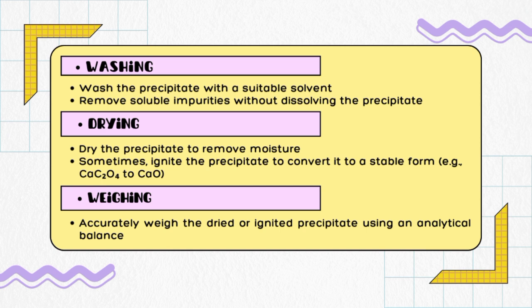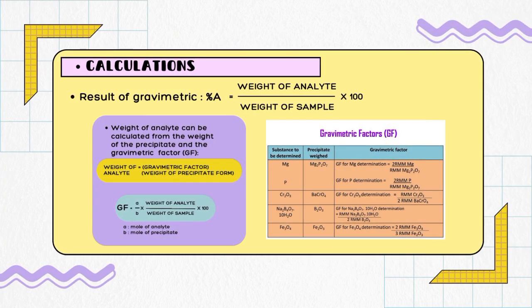Next, weighing. The dried or ignited precipitate is then accurately weighed using an analytical balance. The precision of this balance is crucial as it directly affects the accuracy of the analysis. The result of gravimetric determination is usually reported as a percentage of analyte.